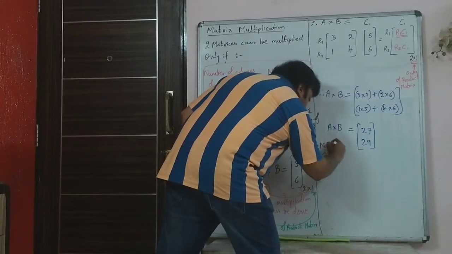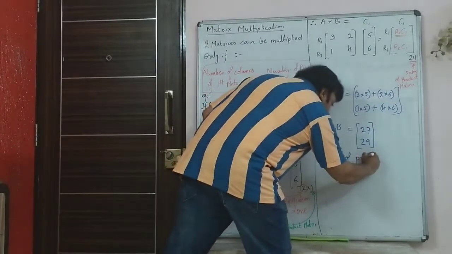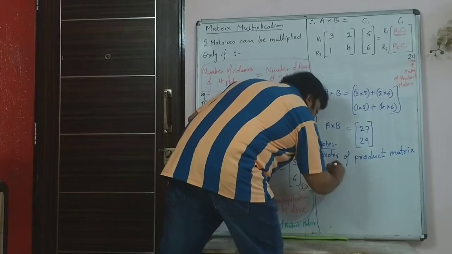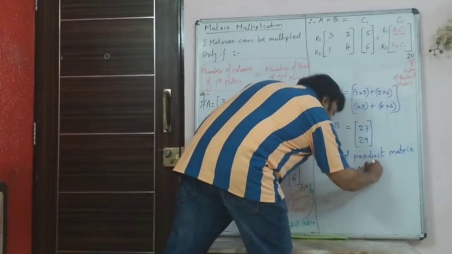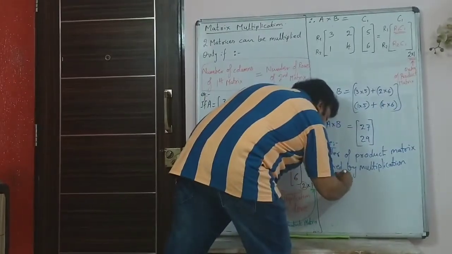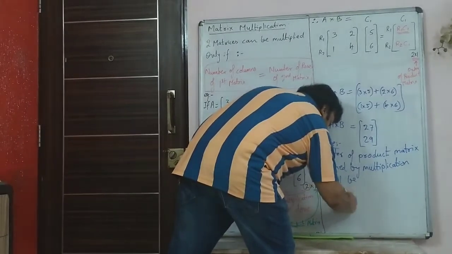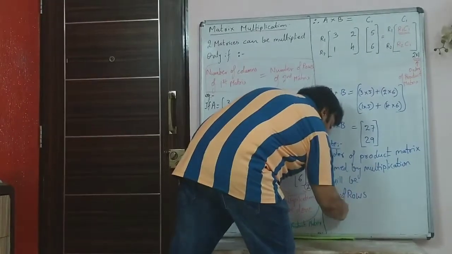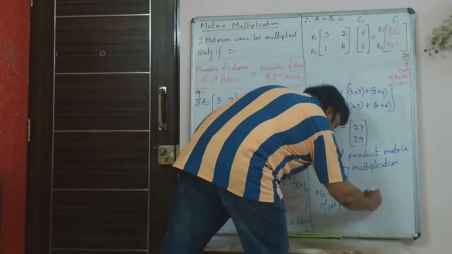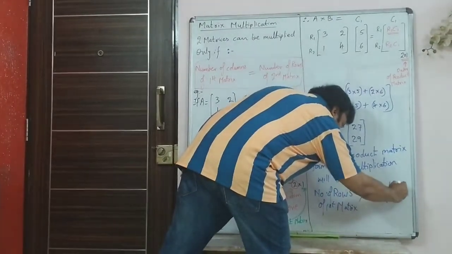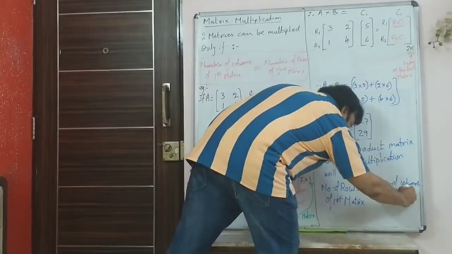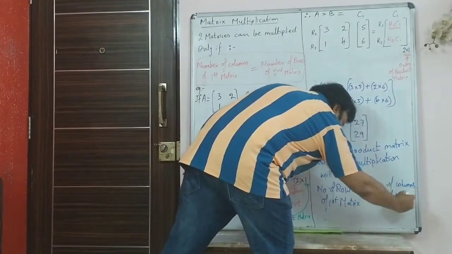So this is just a note: order of product matrix formed by multiplication will be number of rows of first matrix into number of columns of second matrix.